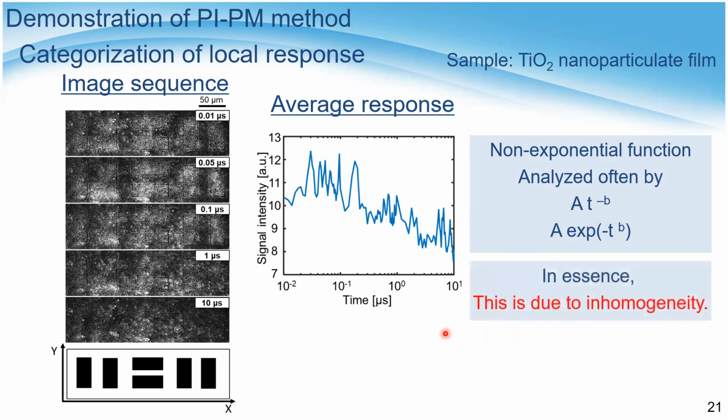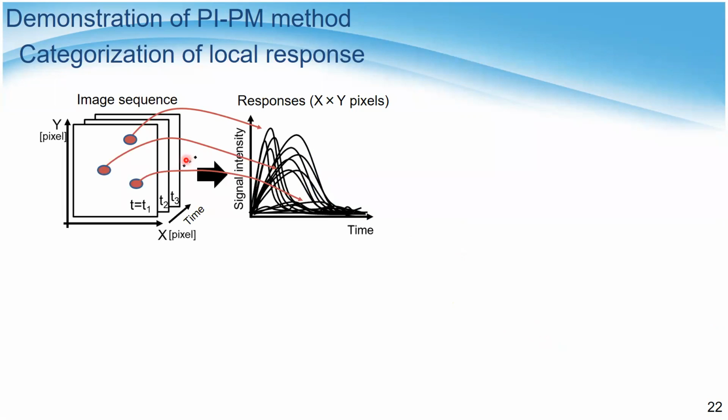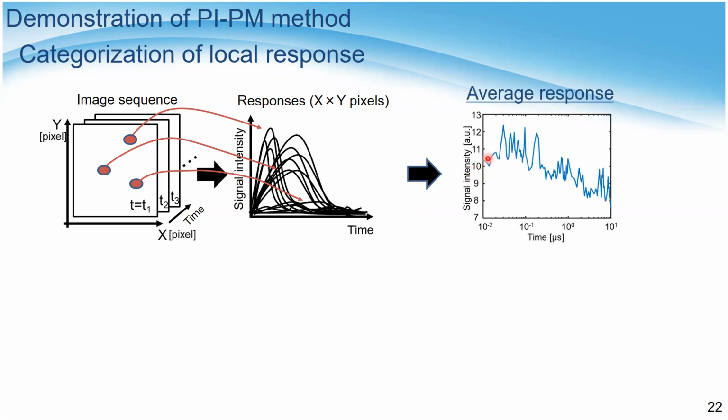But in essence, this is due to the mixture of signals from a locally heterogeneous structure. So what we did is analyze the time response of each local response and collect all the responses. Usually, we obtain this kind of average response by averaging these responses, which is difficult to interpret.